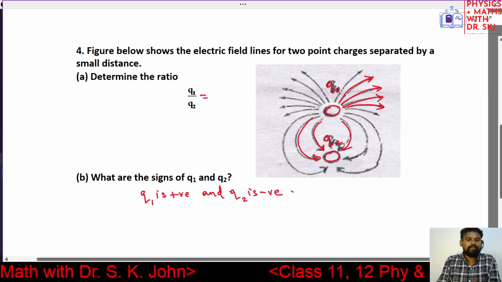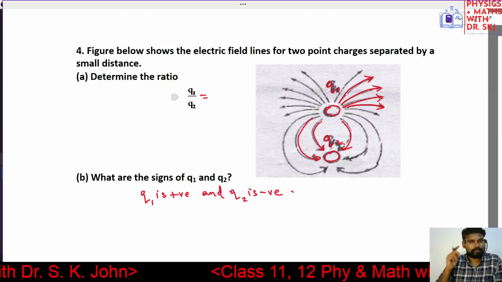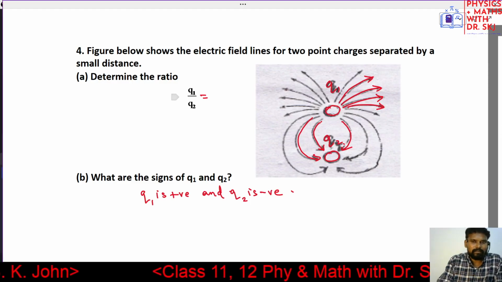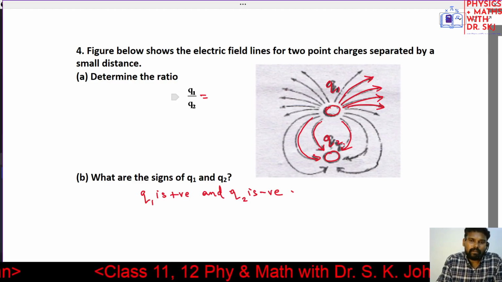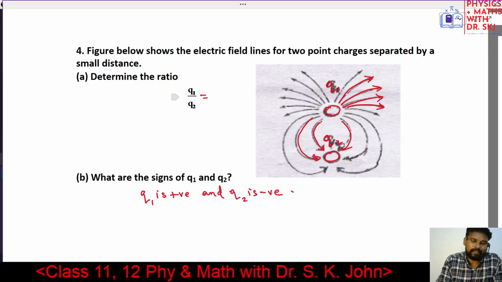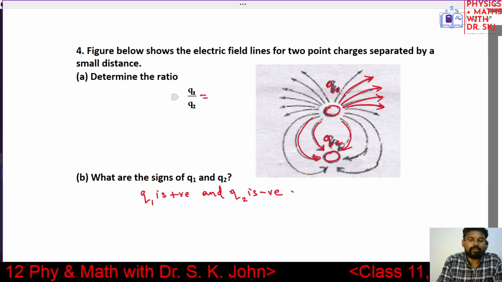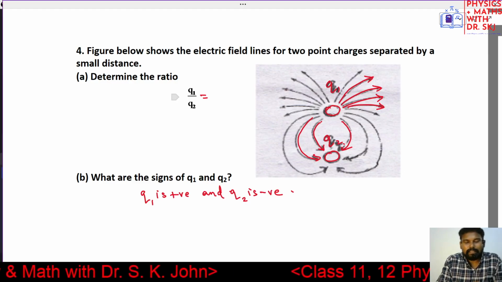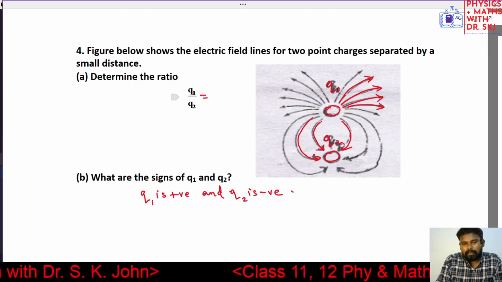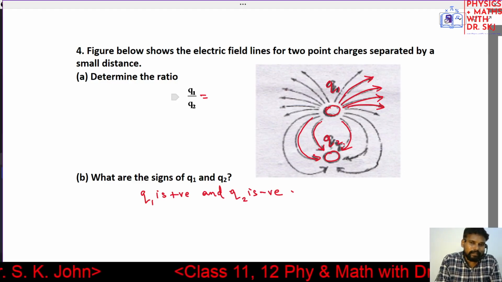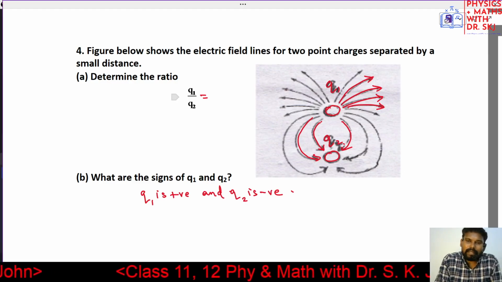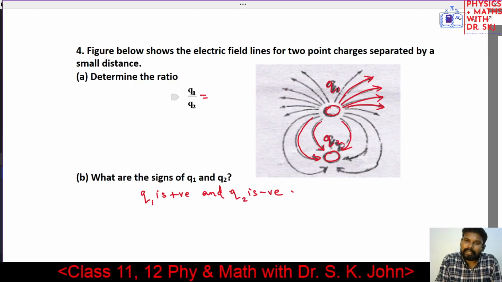Now, how can we find the ratio of q1 and q2? Actually, in this question, we have to count the field lines starting or coming to each of the charges to find the ratio. It is based on the property that the number of field lines gives the strength of the field.